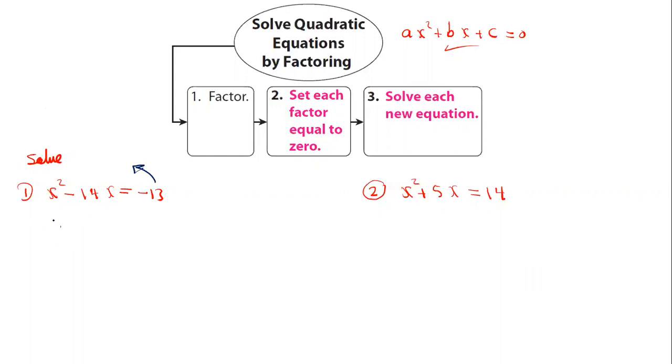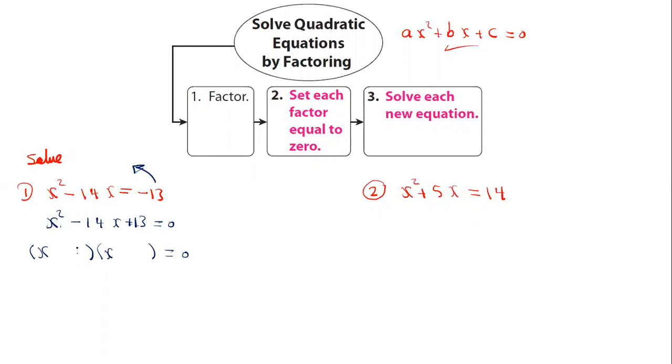So it will be x squared minus 14x plus 13 equal to 0. So I wrote now a quadratic equation in standard form equal to 0. Now we have to factorize the trinomial. Don't forget equal to 0, okay? This x squared will be x times x. 13 is positive, so I have to look for two numbers whose product is 13 and whose sum is 14.